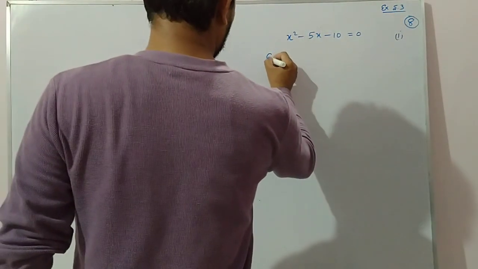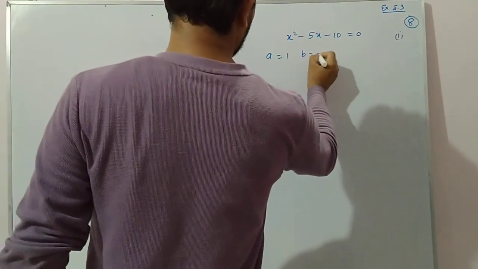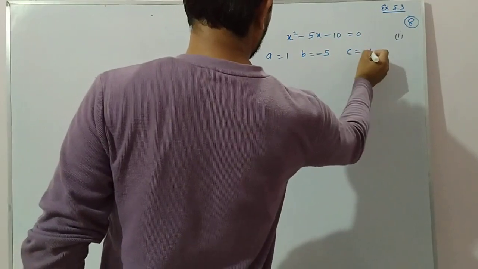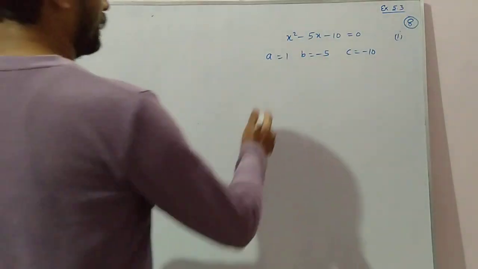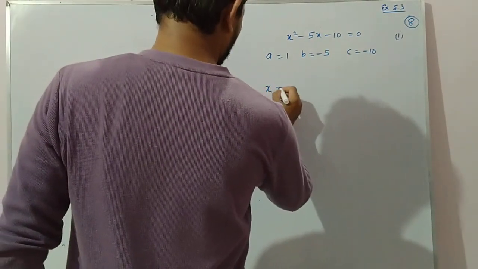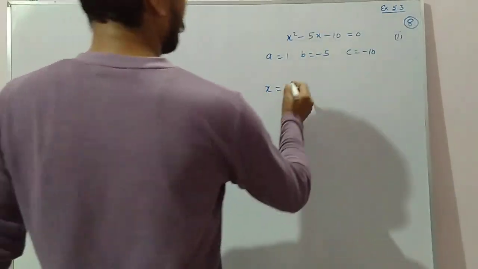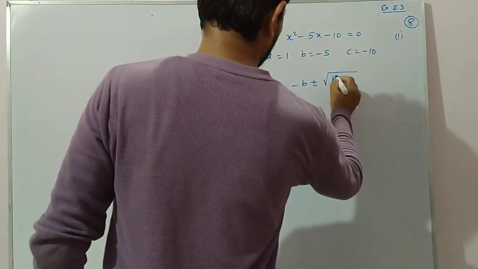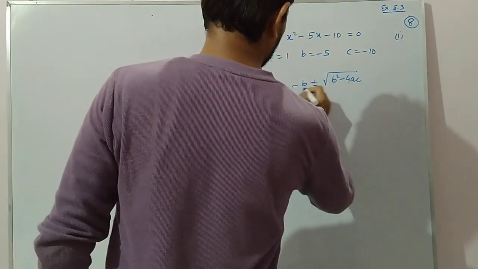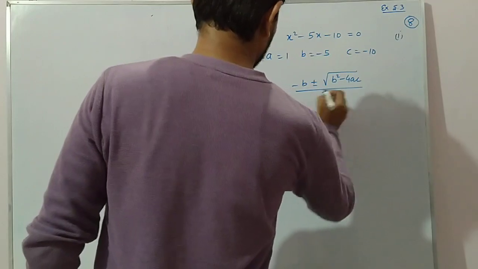So here a is 1, b is minus 5, c is minus 10. So x equal to minus b plus or minus root over b square minus 4ac by 2a.